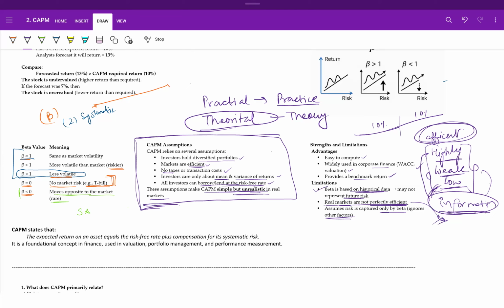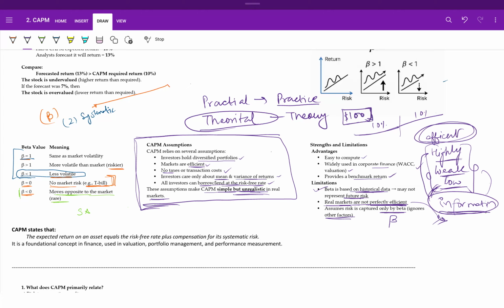If we do any kind of valuation, let's say the stock's price is $100 or 100 rupees, but when you go to the market and check the current price, it would not be exactly $100.